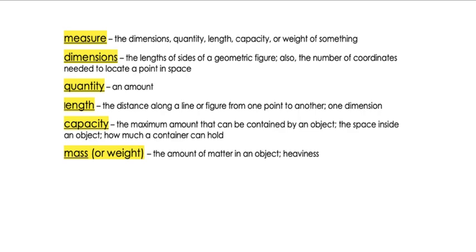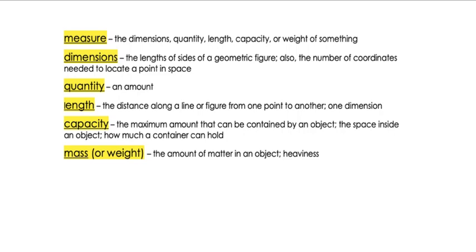Also, it's the number of coordinates needed to locate a point in space. Quantity, as we've talked about in the previous year, has to do with any kind of an amount, numerical amount. Length is the distance along a line or figure from one point to another. And remember, it's one dimension, goes in a straight line.